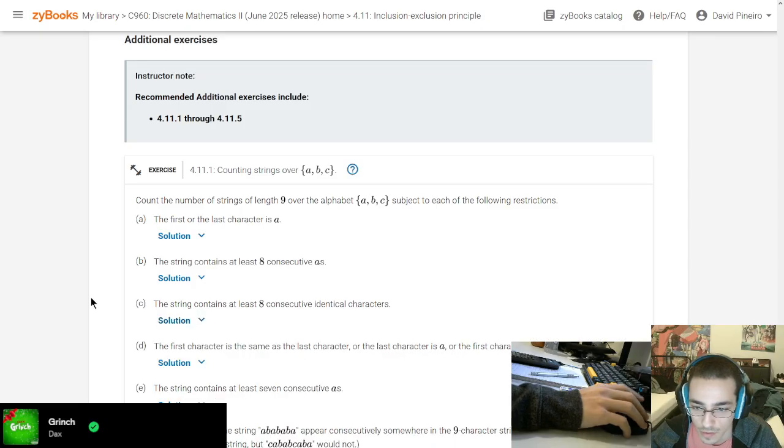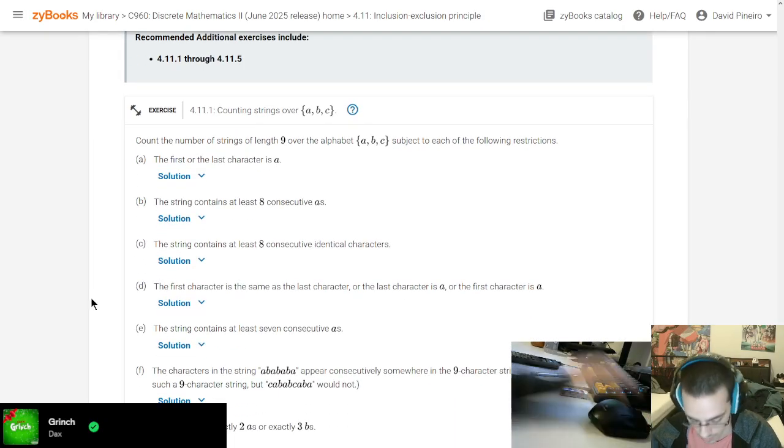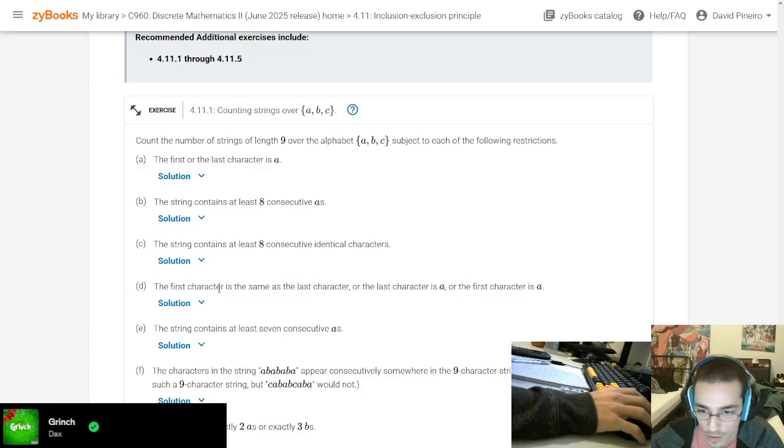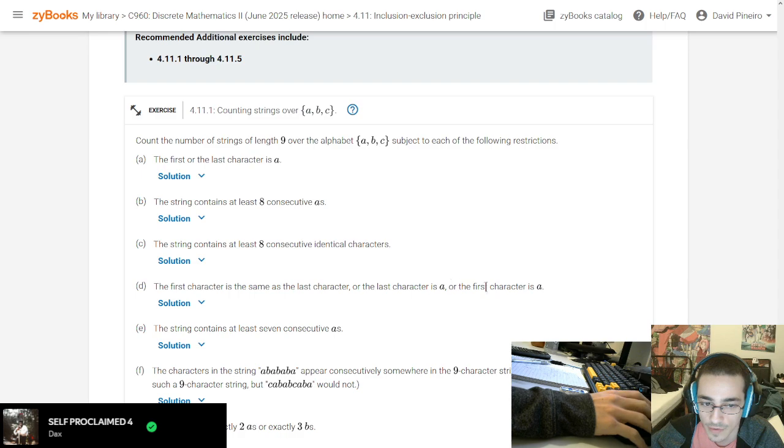Right. Okay. Interesting. So the first character is the same as the last character, or the last character is A, or the first character is A. Oh my god, what? So that's a union of all of these.